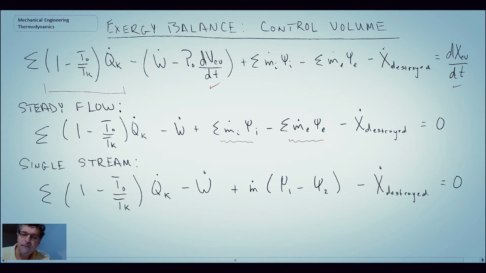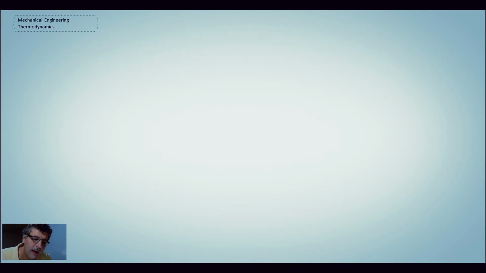Okay, further reducing it, what we're next going to do is assume that we have a system with reversible work. Now, if we're assuming reversible work, that means there is no entropy generation, and consequently exergy destroyed is equal to 0.